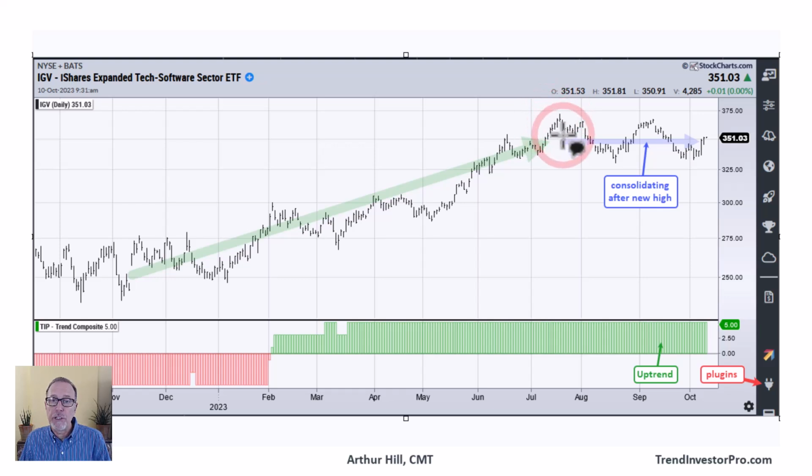And since this 52-week high, the IGV ETF has been going sideways. It's basically consolidating after a new high. And a consolidation within an uptrend is typically a bullish continuation pattern. And so in the next chart, I'm just going to focus on this consolidation and see how we can trade it.